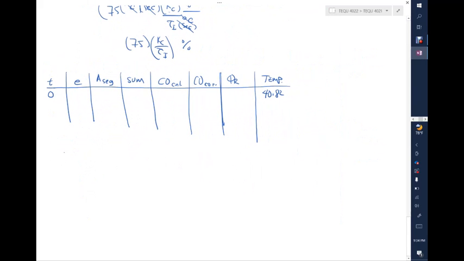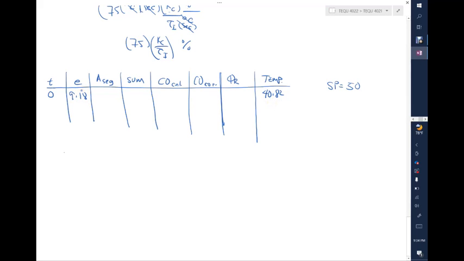Okay, let me put it here. Set point for this is 50. So what's the error? The error will be the difference between the set point that I want and where I am right now. I am at 40.82. That's 9.18.